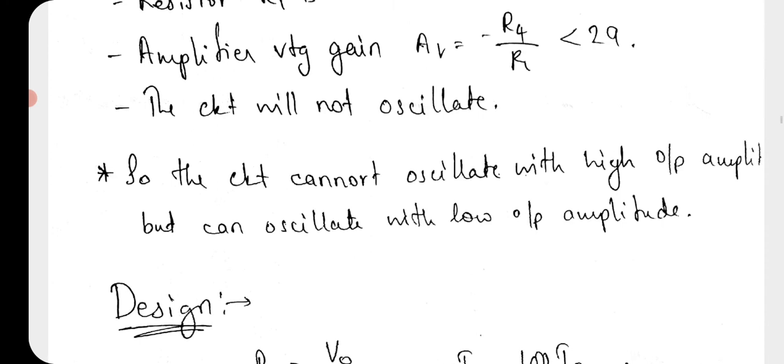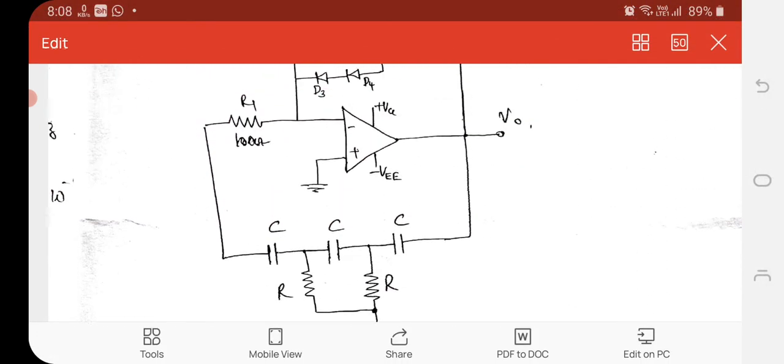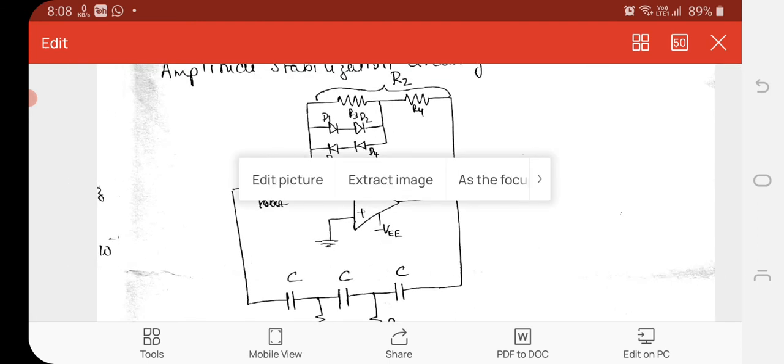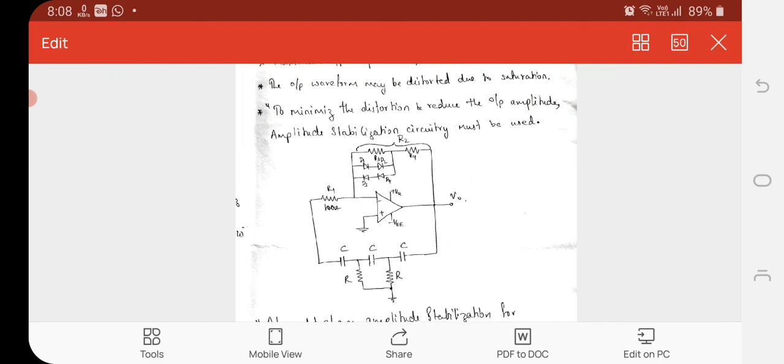It means this circuit will produce oscillations only with a sinusoidal waveform without any distortion. The moment distortion begins, it stops producing oscillations, the moment it crosses the saturation line. Understood? So it can produce oscillations only when it is under the saturation voltage line.